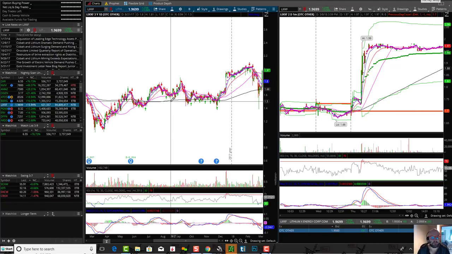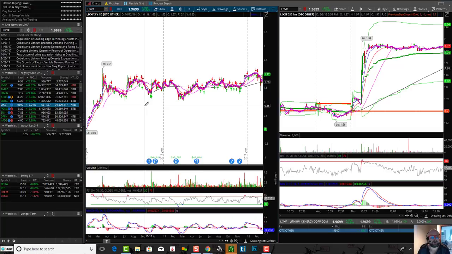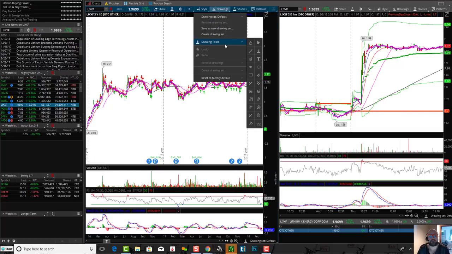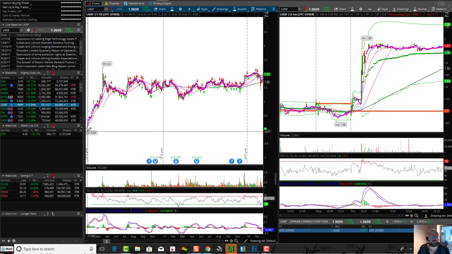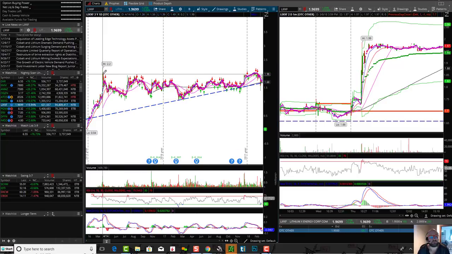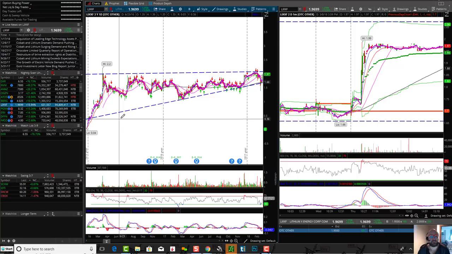That one's odd. I don't like that one. Any news on this one? Had a big day there. Might be, so you can see kind of this triangle formation, right? See that? It's potentially forming that kind of wedge.